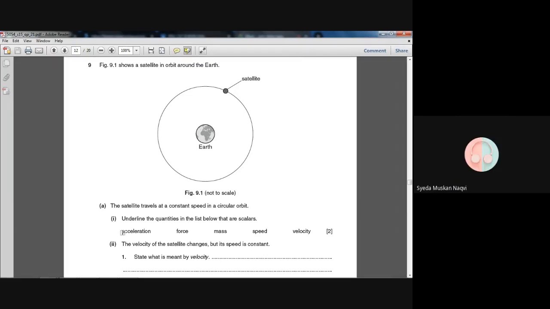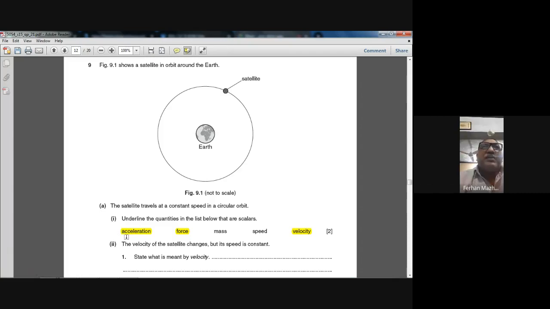Mass, speed. Acceleration is a vector, force is a vector, velocity is a vector. So the mass and the speed, they both are scalar. He asked us to underline the scalar, so underline mass and speed.